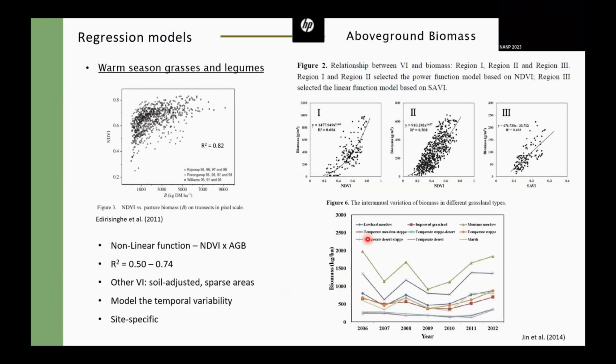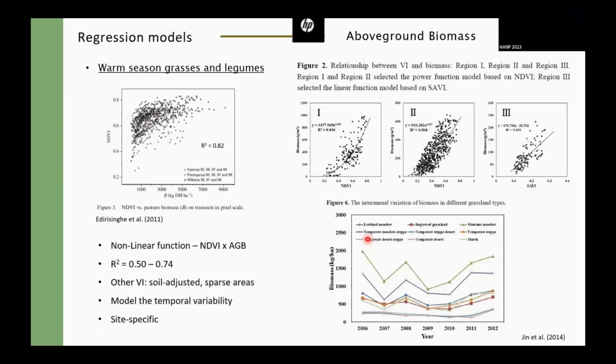For warm season grasses and legumes, every time I say that I work with satellite, people ask me about the NDVI. NDVI is the most known and used vegetation index regarding agriculture, this greenness.